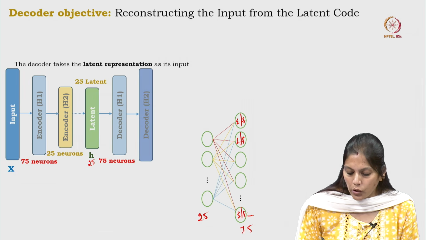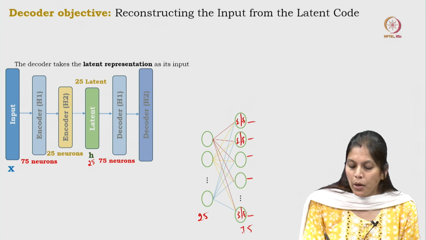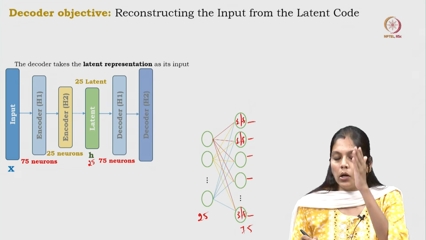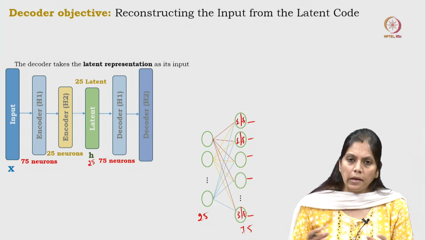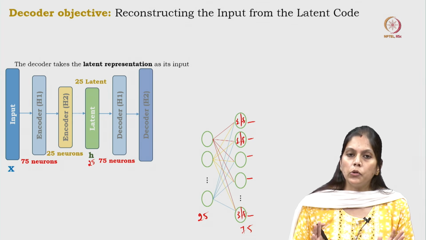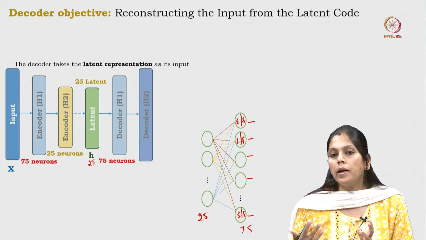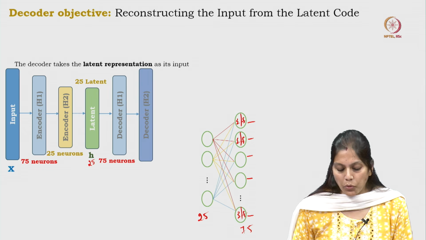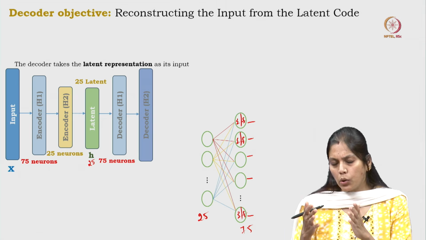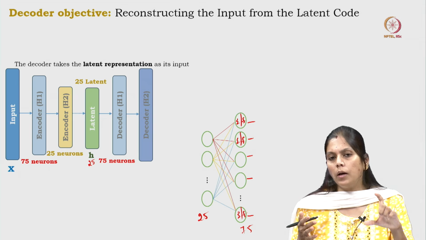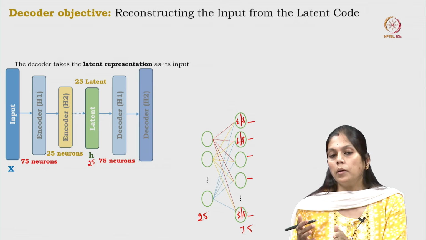Now, from 25 we got 75. How did we get 75? Did we add anything extra? The answer is no. We have expanded. Yes, from 25 we have expanded. How did we expand it? In a systematic way, because every one of these neurons is connected to all the other neurons.